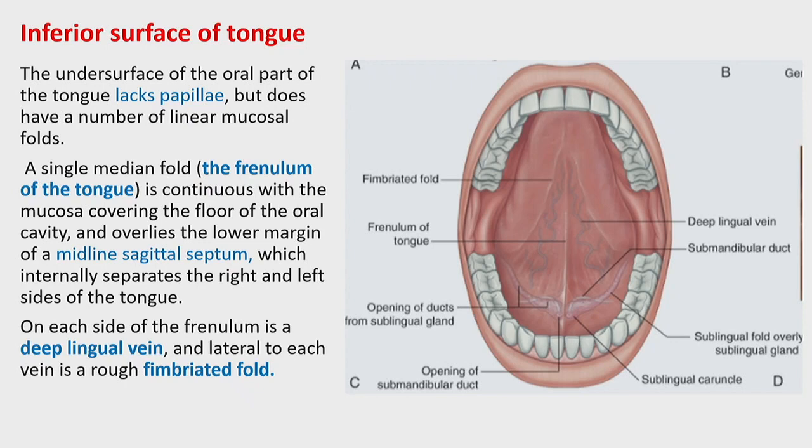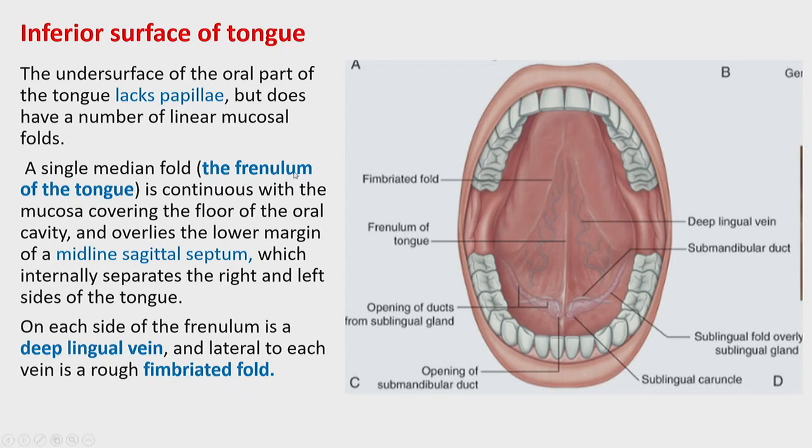But in addition, instead of the papilla, we have several folds. One of them is in the midline, which is called the lingual frenulum, or the frenulum of the tongue. Lingua, glossus, all mean that we are talking about the tongue.